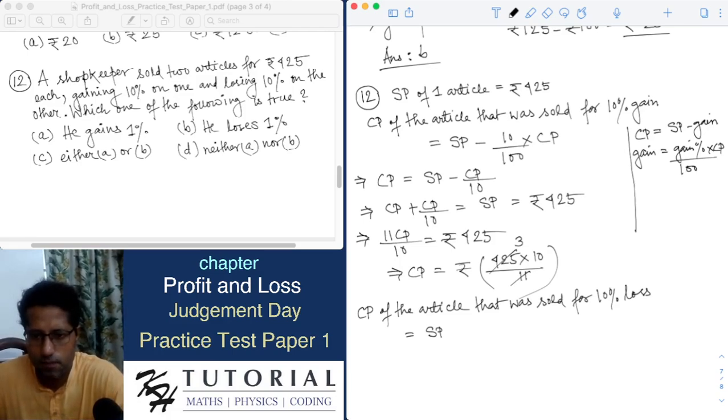Now this is a loss, so the cost price should be greater than the selling price. So we must have plus, and the loss percent is 10, so 10 by 100 again into CP.